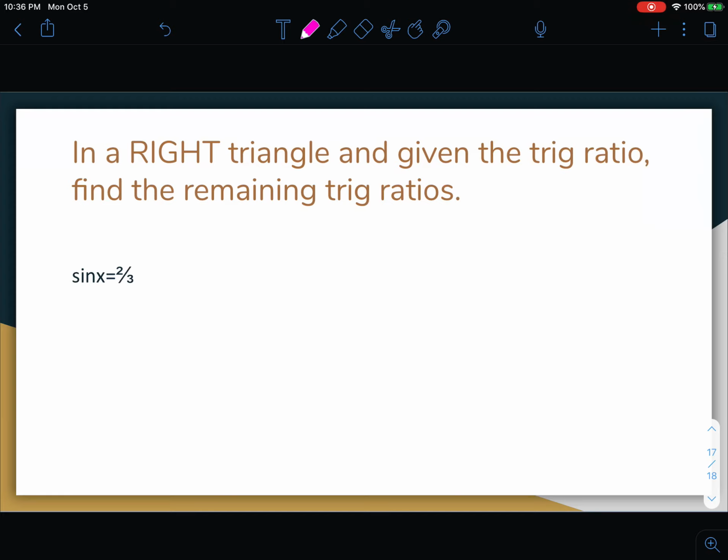Okay, very last thing I want to go over with you: in a right triangle, given one trig ratio, find the remaining trig ratios. First of all, I'm telling you this is a right triangle. You're going to just call whichever one of these angles x or theta or whatever, it doesn't matter. It's saying sine of this angle is 2 over 3.